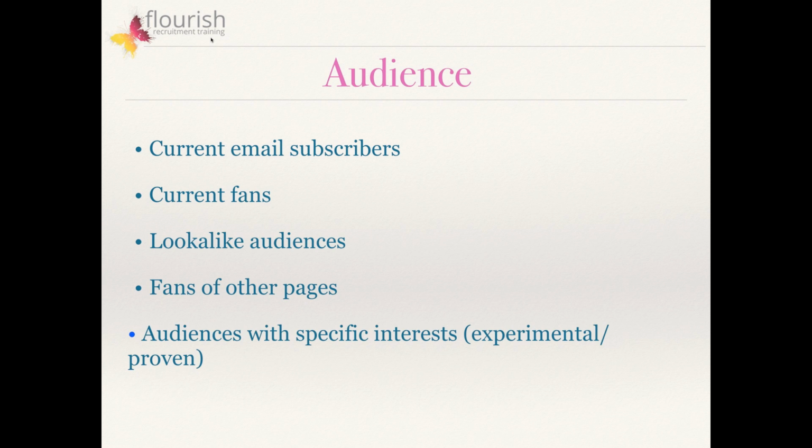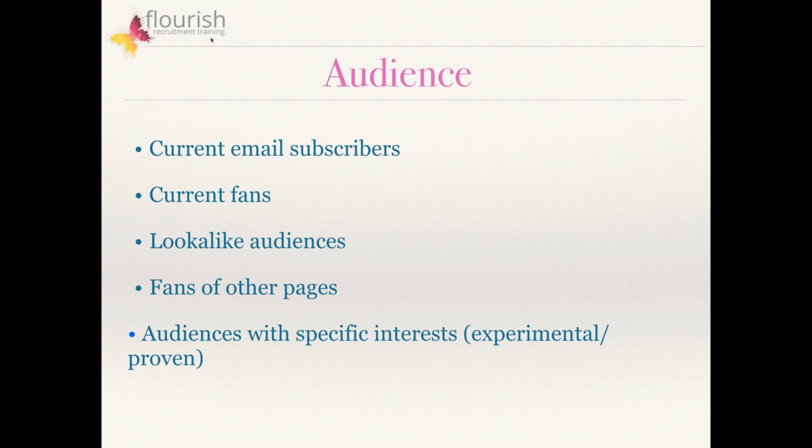We're going to look at specific interests as well. This is slightly more tricky, and we're going to be ending up with two groups of people, one which is the experimental side, and one which is the proven side. So experimental is an interest that you suspect might be a fit, i.e. people interested in recruitment for me, or recruitment software might be an audience for me.